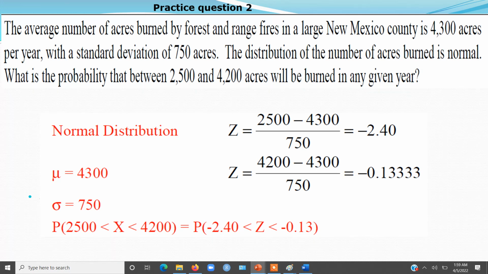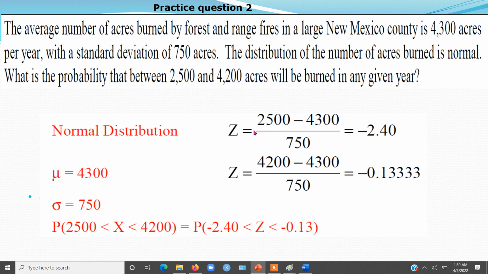So now you can see we are given the average and standard deviation. So mu is 4,300, standard deviation is 750. Now the area which we want to compute is between 2,500 and 4,200. So I'm going to compute the z values for both of these observations.